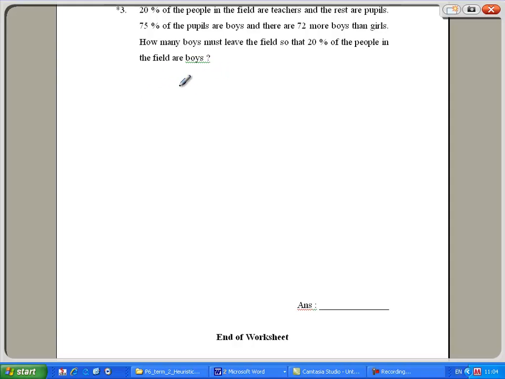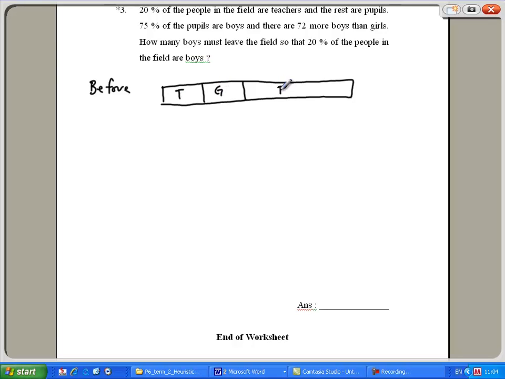So we have before, I have teachers, and then girls, teachers, girls, and then the boys. 20% of the people in the field are teachers, so this is 20%.